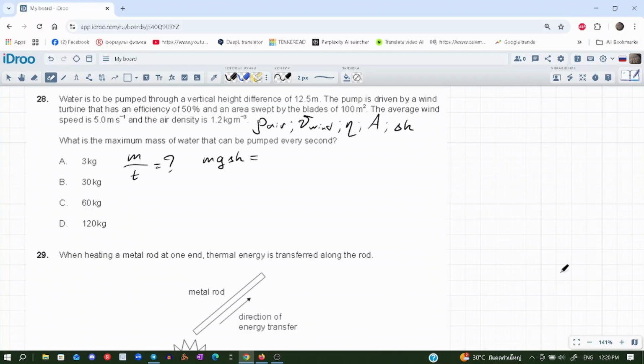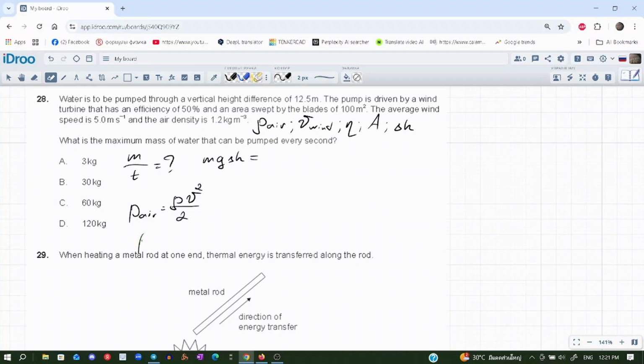The wind applies pressure, right, to the blades, and we can say that the pressure of air equals the density of the air times the speed of the air squared over 2. This is the pressure that air applies to the blades.